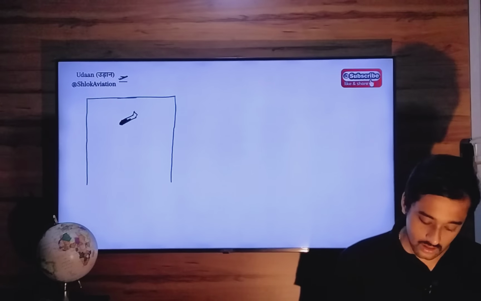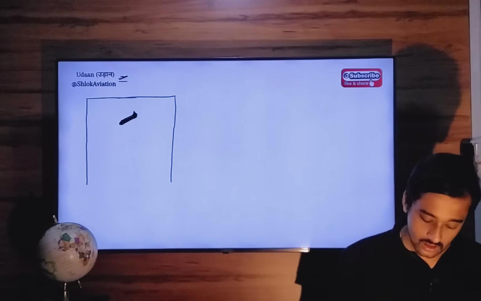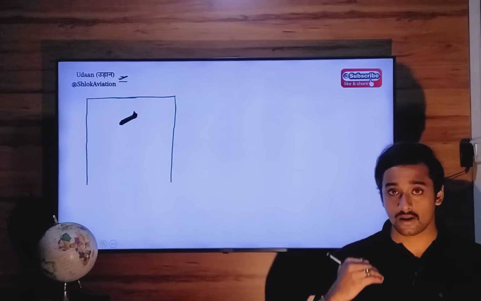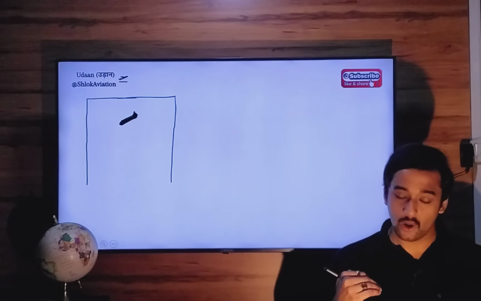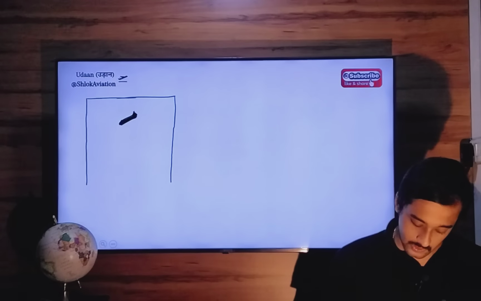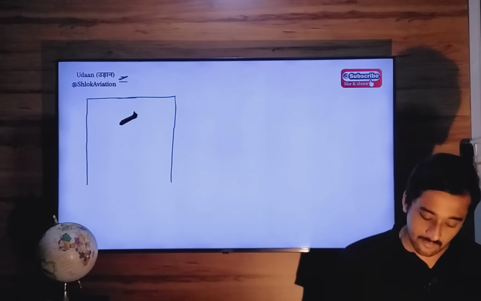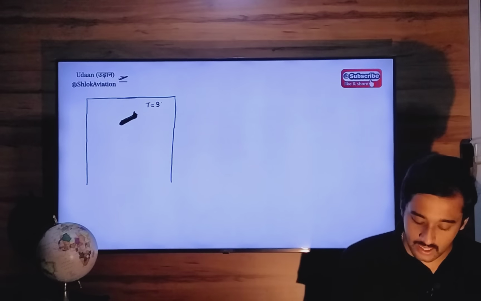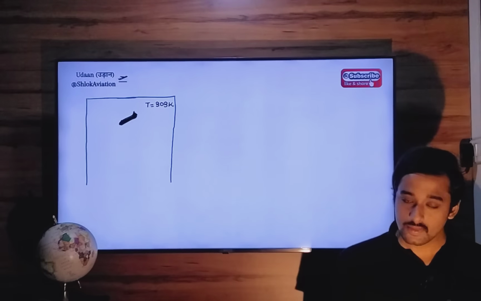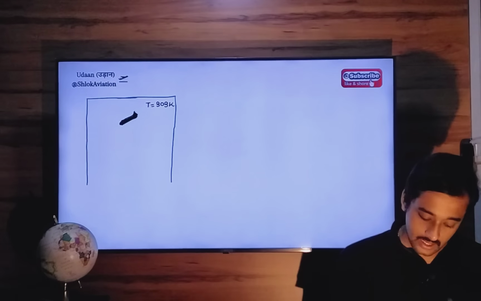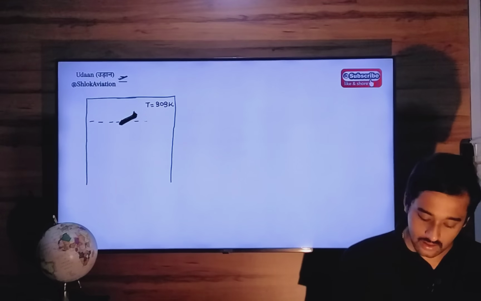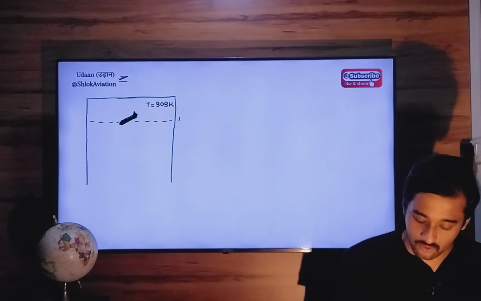To a new altitude below you, which is 10,000 feet. So let's again take the temperature to be constant at 303 Kelvin. At 20,000 feet, let's say your Mach number was 0.5.